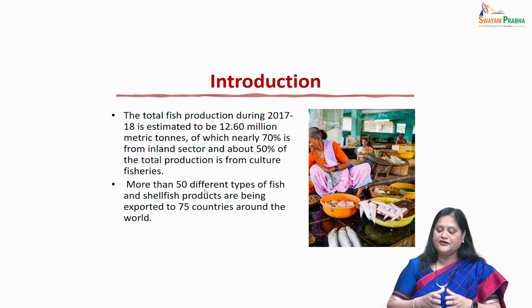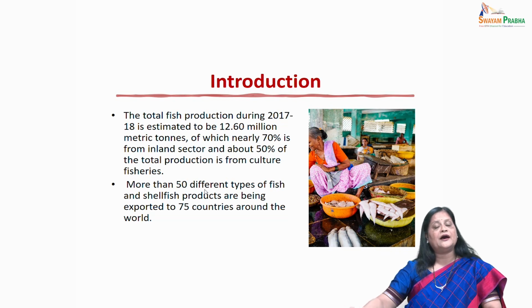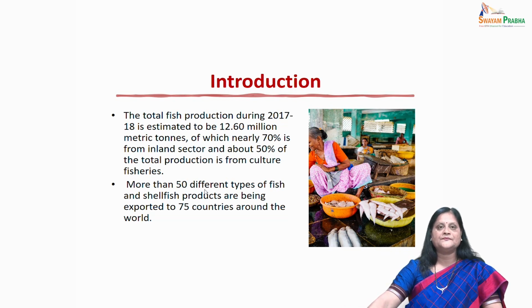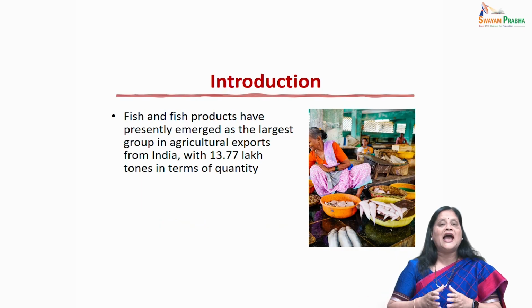More than 50 different types of fish and shellfish products are being exported to 75 countries around the world. Fish and fish products have presently emerged as the largest group in agricultural export from India, with 13.77 lakh tons in terms of quantity.